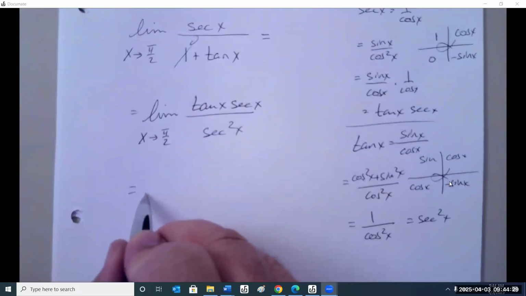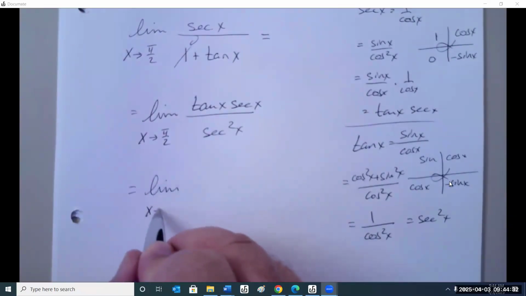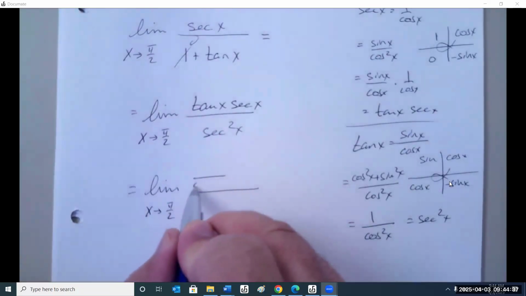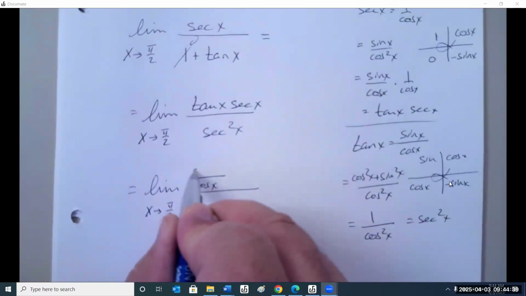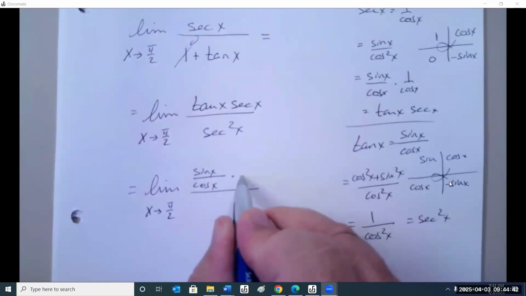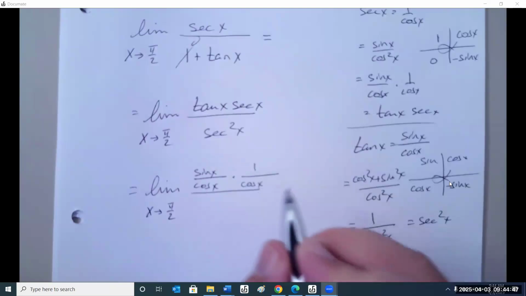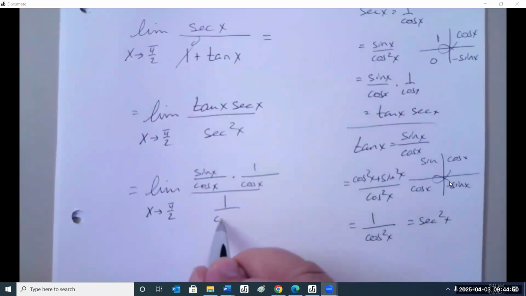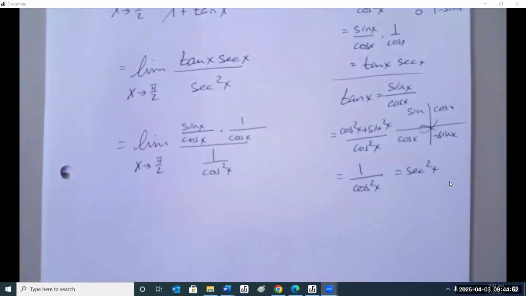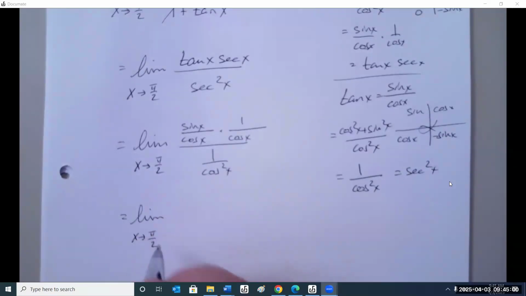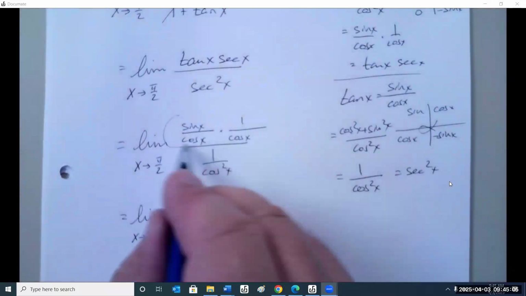We can fix this algebraically. Tangent is sine over cosine. Secant is 1 over cosine, over 1 over cosine squared. So I take the top fractions.